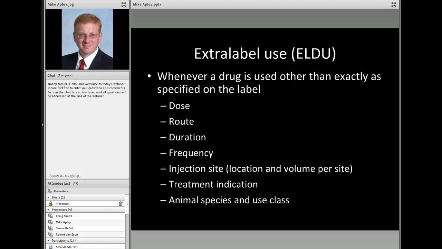One important thing in dairy cattle is we have some drugs that are banned for extra label use in dairy cows over 20 months of age by the FDA, and that's phenylbutazone. And then we have some drugs that are banned for extra label use in lactating dairy cows, such as the sulfas.